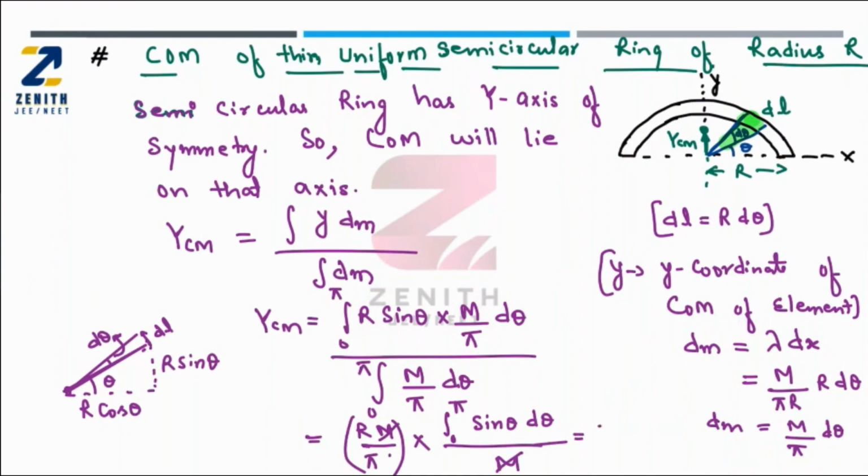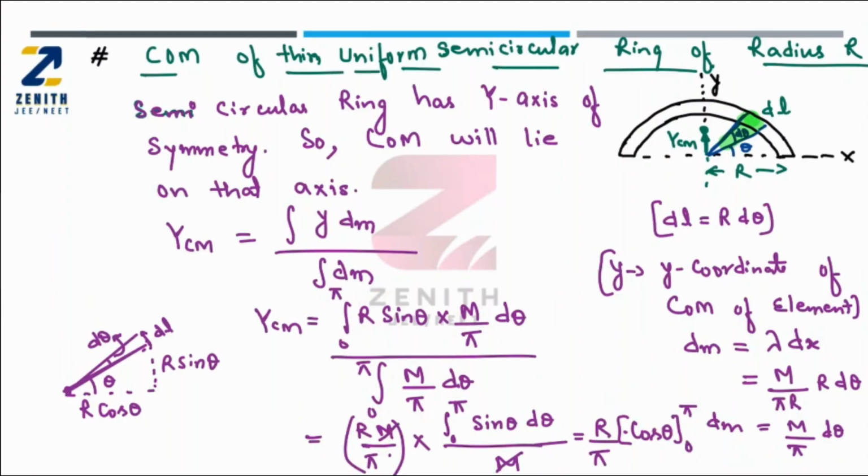So you will be left with r divided by pi, minus of cos theta from 0 to pi. So cos pi, if you put, this is nothing but minus 1, it will become positive. And the same, cos 0 is 1.